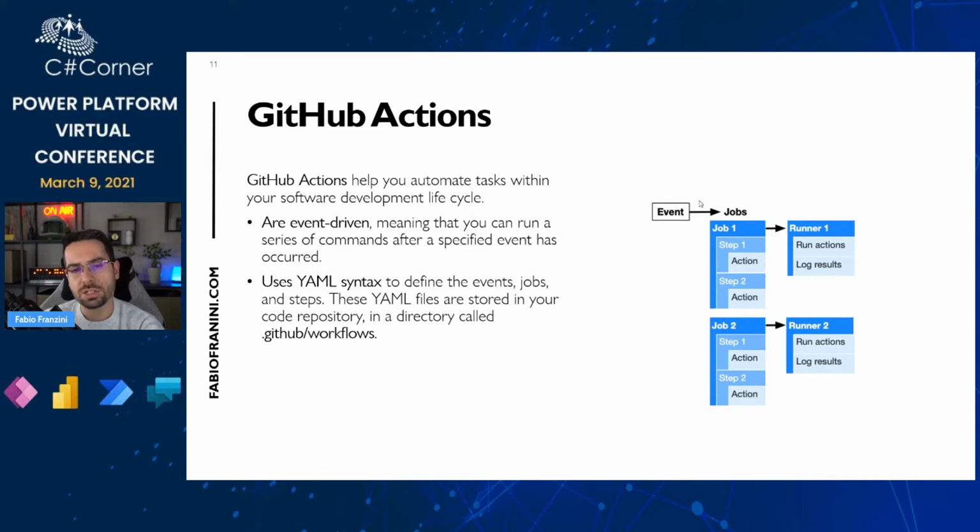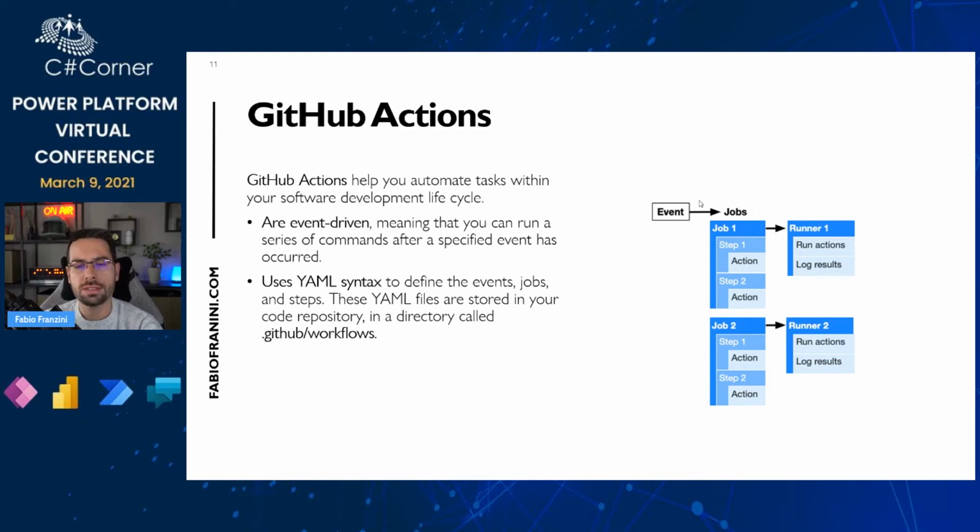All the GitHub Actions are built by using a specific language named YAML. It's a human-readable markup language, and basically it's very simple to use. Later I'll show you a demo.